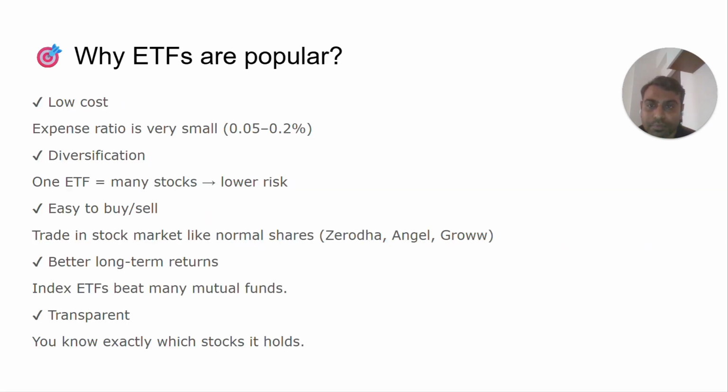Now, why are ETFs very popular? Because of low cost. The Nifty Bees ETF price is currently around 290 to 295, which is a very small price. That 295 will invest in all the Nifty 50 companies. It also has very good diversification.